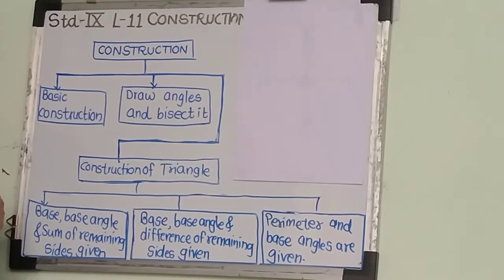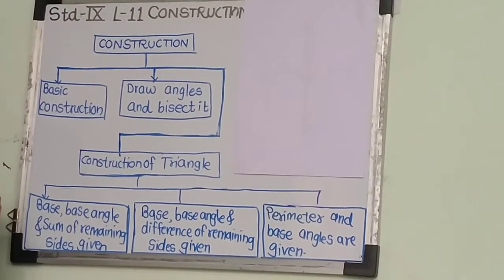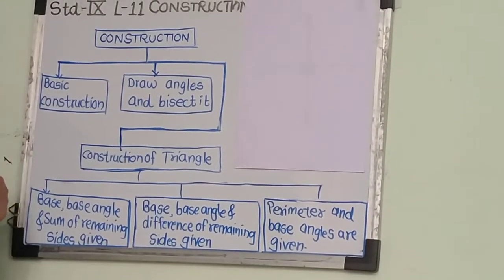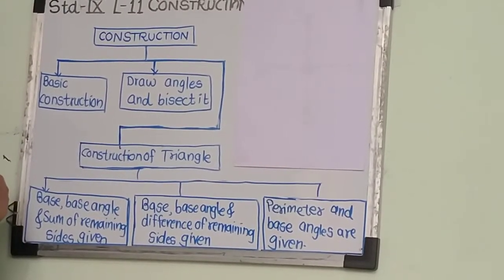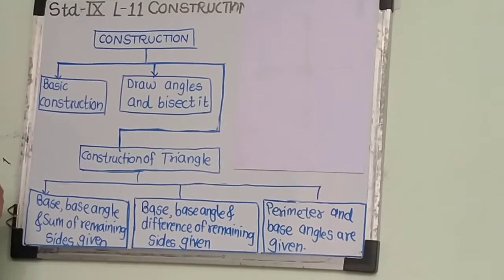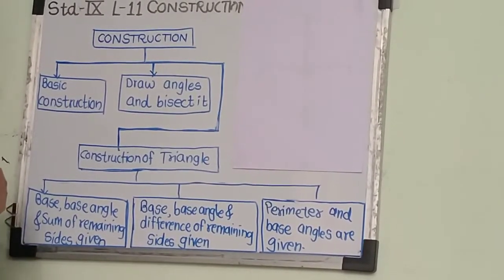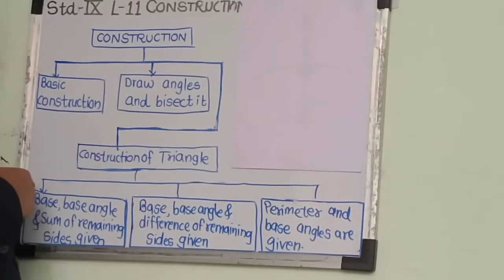Like these angles we are going to draw with the help of our compass, and we are going to draw their bisectors also. So how to draw the bisector of a given angle, that we are going to learn.